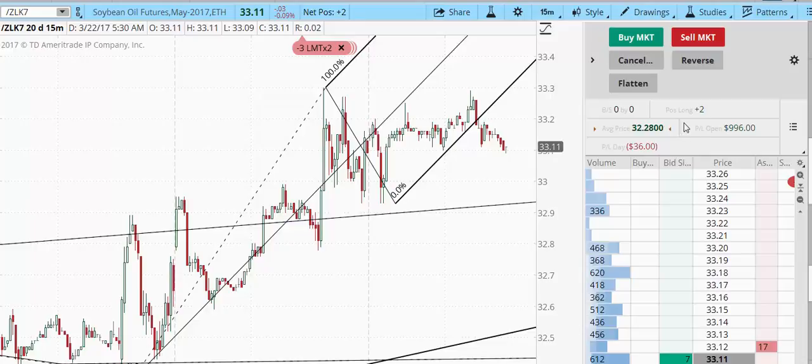To give you an idea of what we're looking at, this is a May soybeans position. You can see we went long, I'm sorry, at 32.28. Where would 32.28 have been?